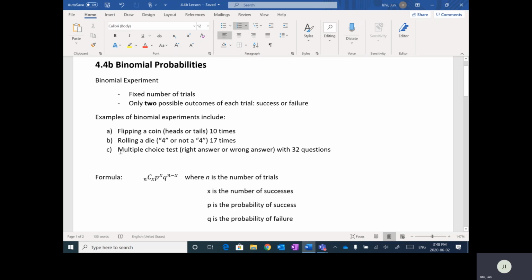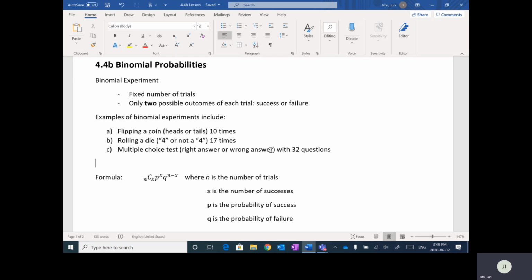Another example would be, let's say you have a multiple choice test, and the test has 32 questions. Again, this number 32 is just random, part of the example, but however many questions, that would be the number of trials you'd consider. Let's say you were to guess on the test, and either you're going to get the answer right or you're going to get the answer wrong. That would be your success and failure. Even though for each question you might have 5 options, if you consider the outcomes as success and failure, there's only 2 possibilities.